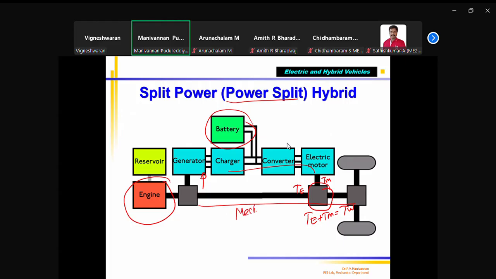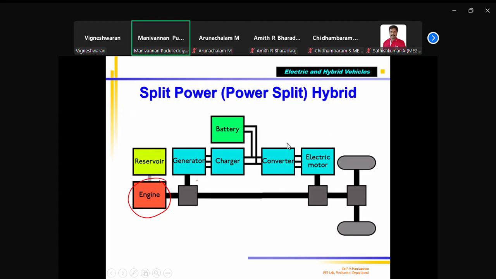This is mechanical direct. Some part of the torque generated by the engine will go to the generator also. If you want to charge the battery; if the battery is fully charged, I need not drive this one, and my engine torque will directly go. The mode from battery power will come to the electric motor. That power will go. Correct. So it is similar to parallel hybrid. Almost the same. Only thing is that here, some part of the torque generated by the engine, not the full part, will be used for running the generator, which will charge the battery.